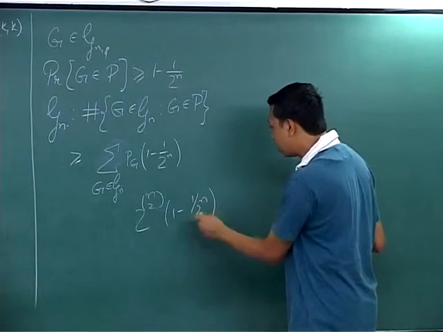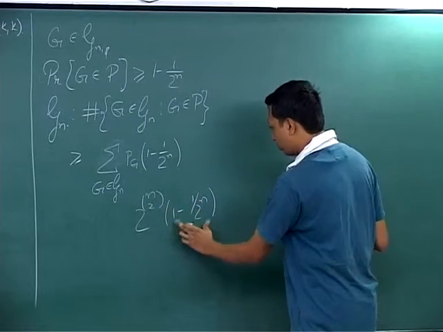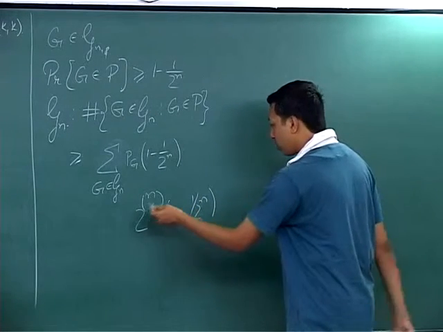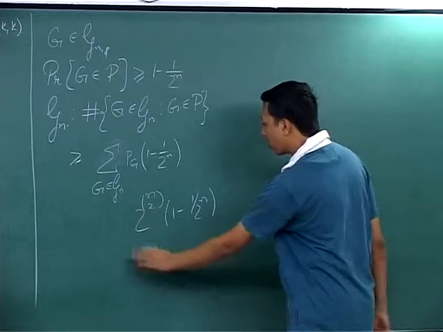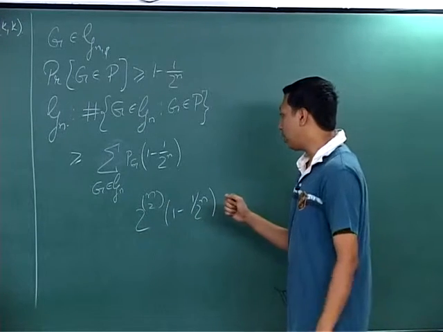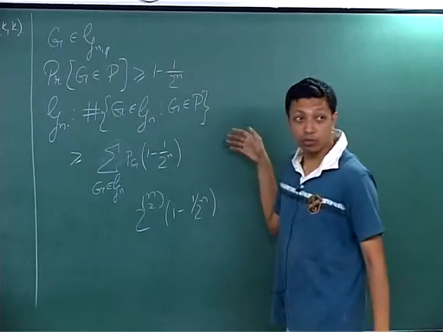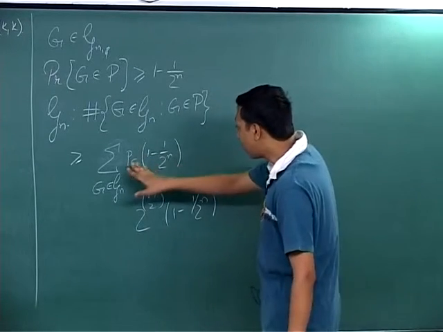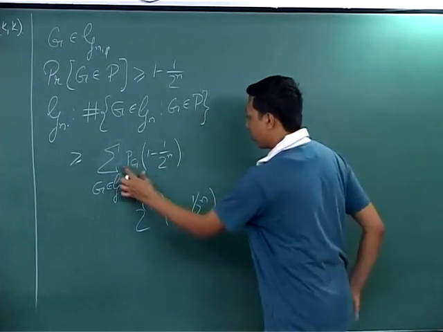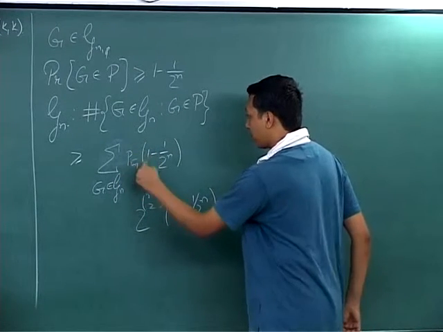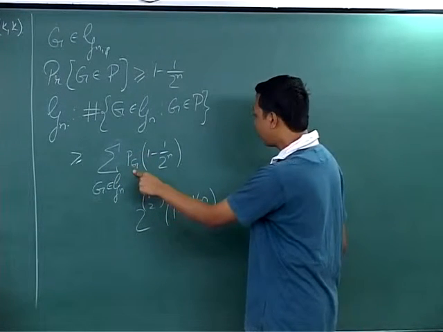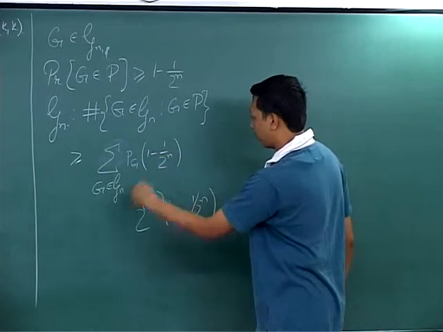So this is negligible compared to 1 anyway. So the point is that almost all graphs satisfy the property P if I were to take the uniform distribution. But I didn't take the uniform distribution, I took a more general case where every graph appears with some probability which depends on the graph, then you will get this kind of a notation.